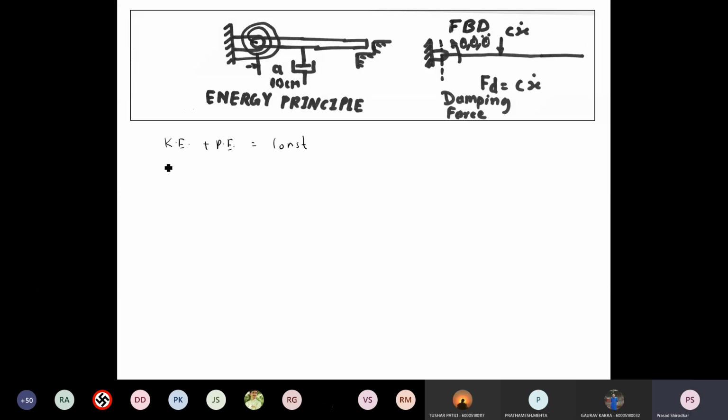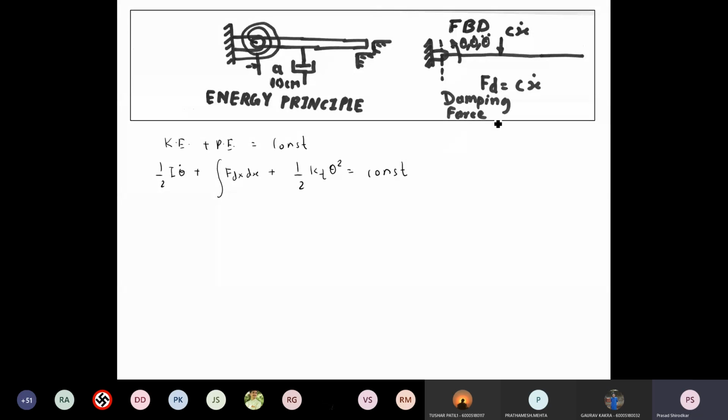Kinetic energy will be half I theta dot square, plus the energy stored in damping, that is damping force Fd into displacement dx, integral of this quantity, plus the potential energy stored in the torsional spring, that is half k theta square, and this whole thing is constant.